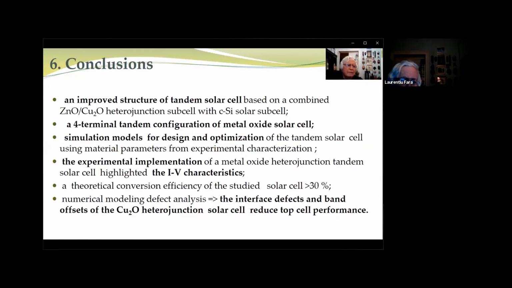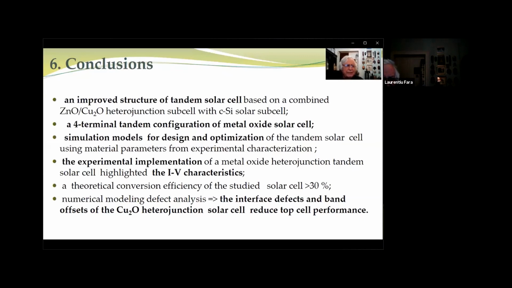The simulation models are very useful for design and optimization of the tandem solar cells. And for that, it is important to use material parameters from experimental characterization.